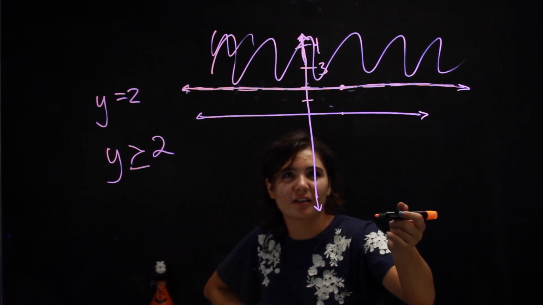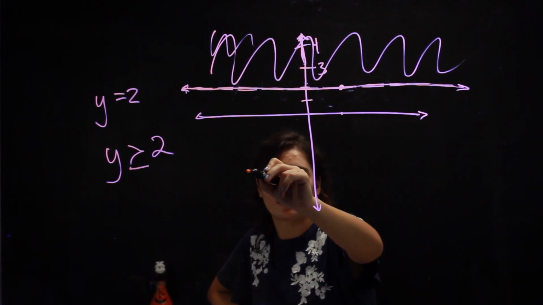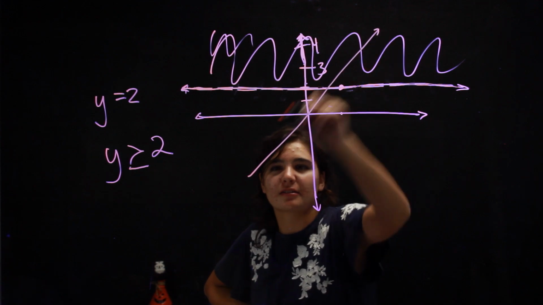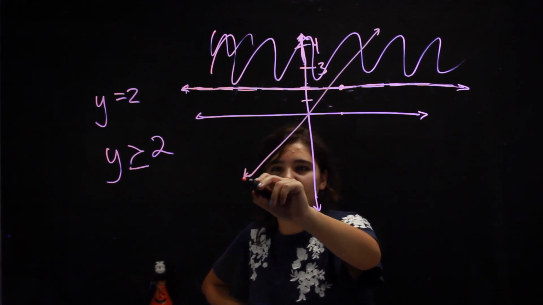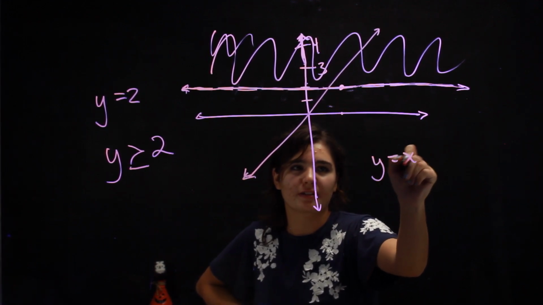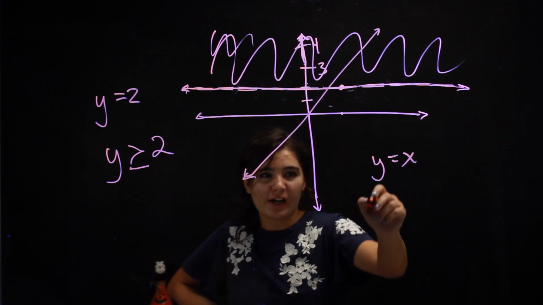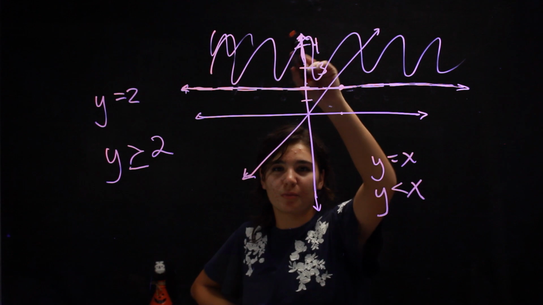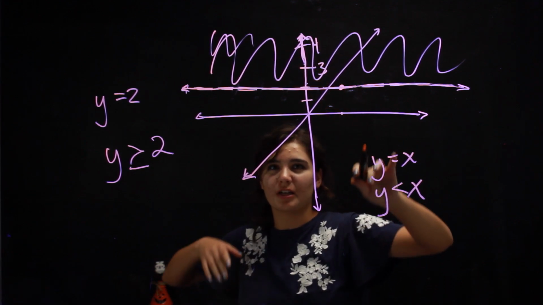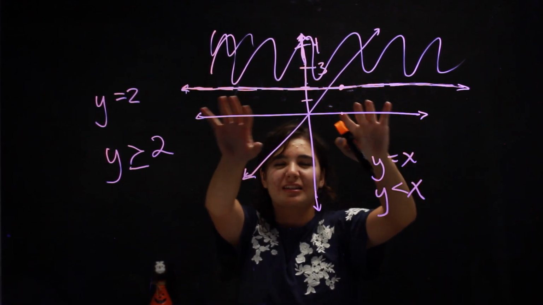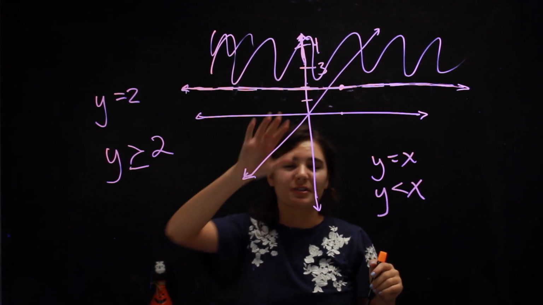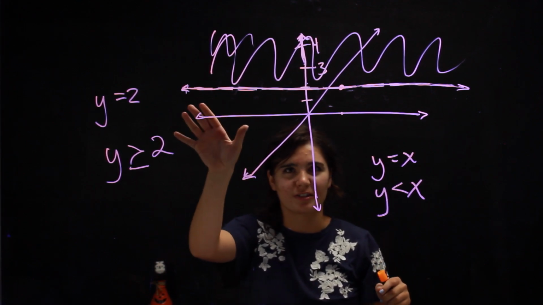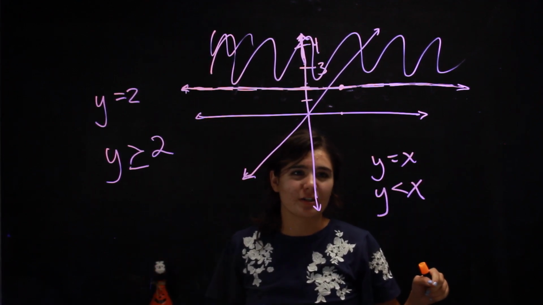If we had y like this, this is going to be just the straight equality y is equal to x. But if we had y is less than x, then it's going to be all the points below it, right? If it's hard to tell where it goes because it's diagonal, there's a couple ways to know.